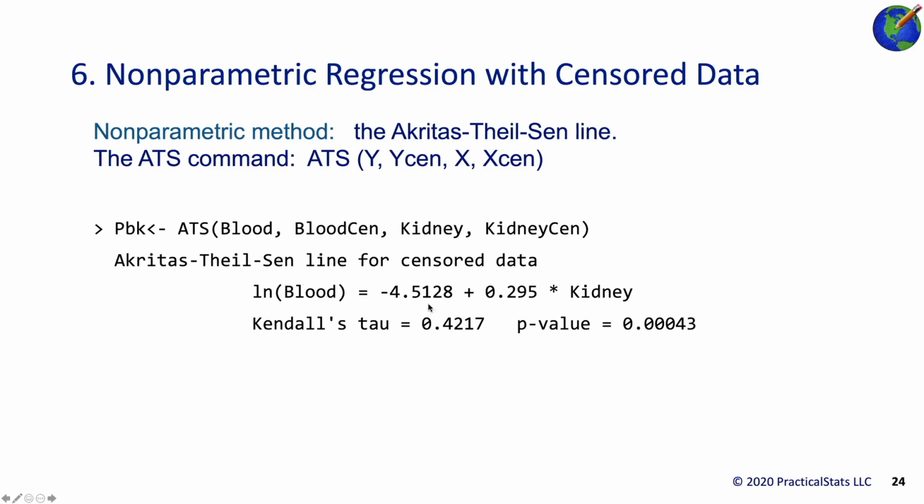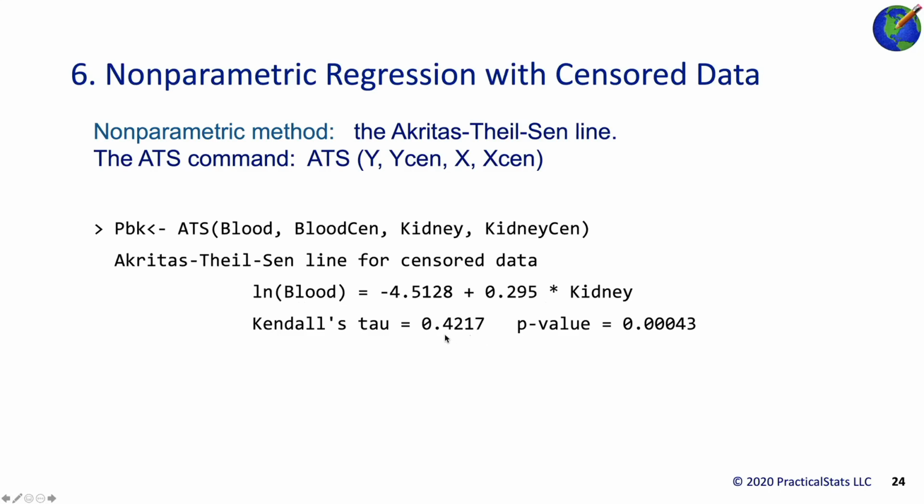So I put this in, you get back another intercept and slope, familiar. I'm using the log of blood just because that's straight. It doesn't really matter in terms of normality because this is a non-parametric procedure, but you do want still the pattern of data to look linear because we're just building a linear model here. So I've kept the log of blood here. Gives you back another correlation coefficient, a non-parametric correlation coefficient, Kendall's tau, which is about 0.2 less than Pearson's R as far as its scale.